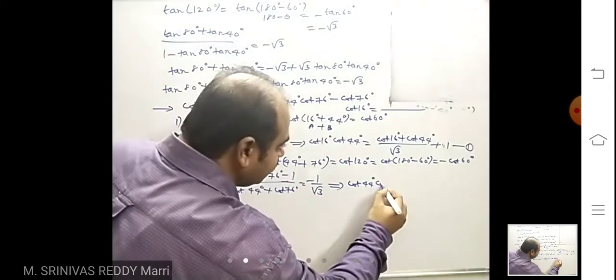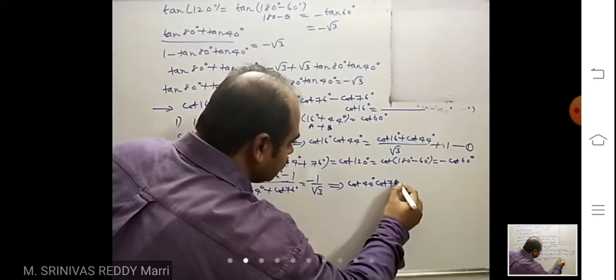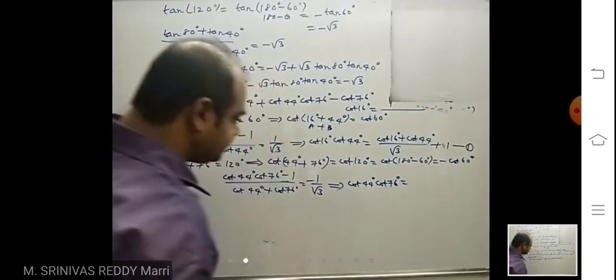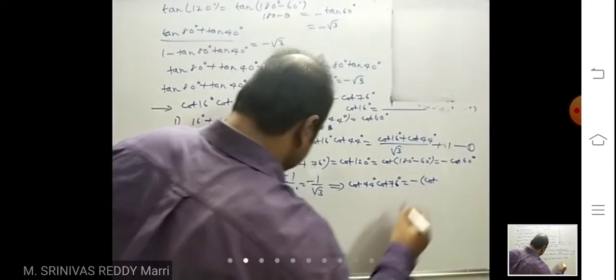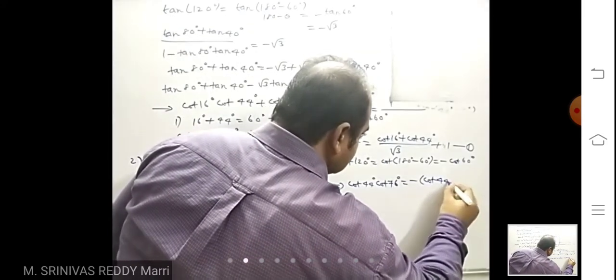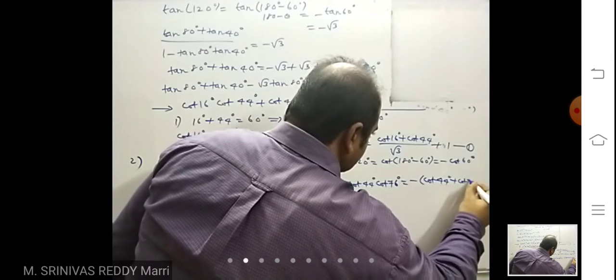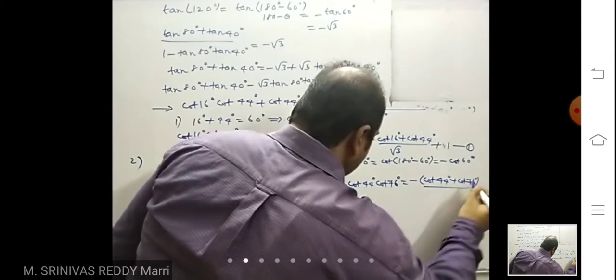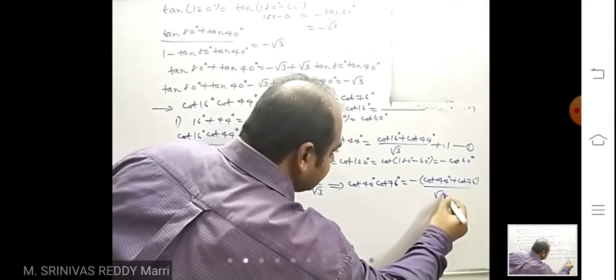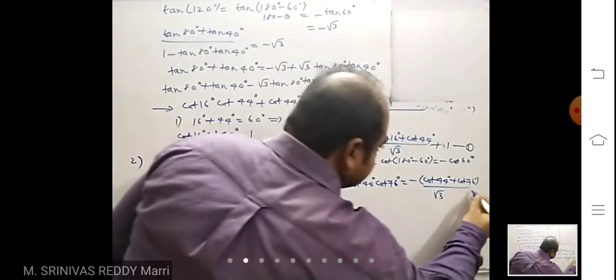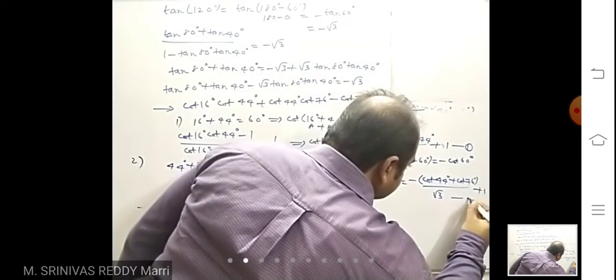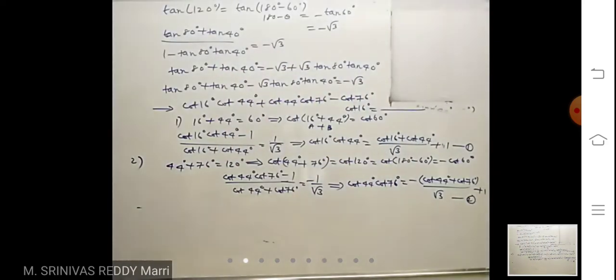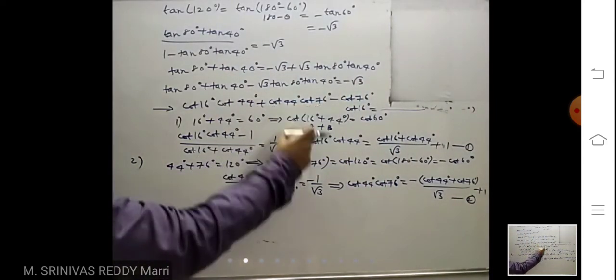Cot 44 degree cot 76 degree equals, bring this side, minus of (cot 44 plus cot 76) divided by root 3, plus 1. Now this is equation 2. Now look at, second product I got.